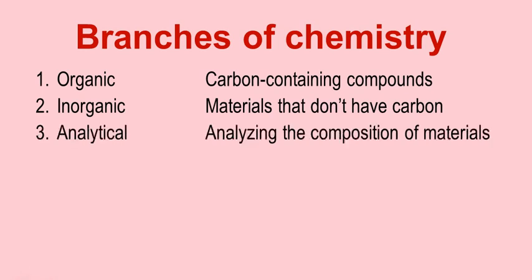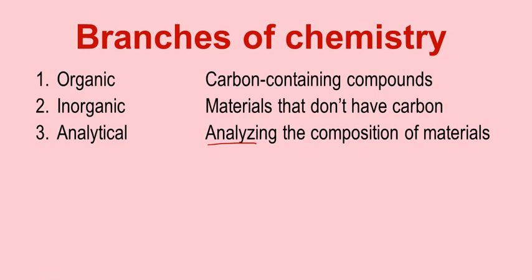Now sometimes when we think about chemistry or chemists, we think about analytical chemists. And the root word for analytical is analyze. And that's exactly what analytical chemists do. They analyze what's in things. And so, for example, if you live in a city, every so often you may receive a little report at home that tells you what's the composition of your drinking water or your tap water.